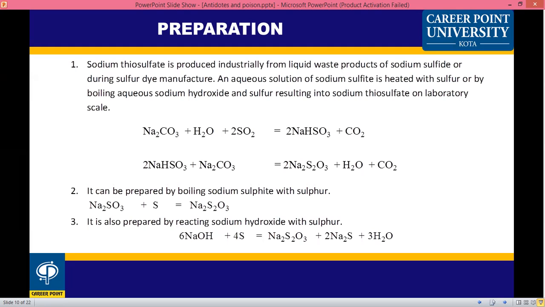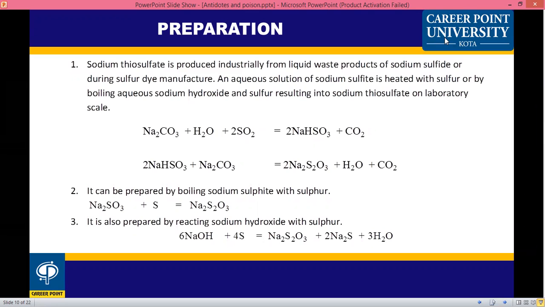There are different processes for preparation of sodium thiosulfate. On an industrial scale, sodium thiosulfate is prepared from the liquid by-product of sodium sulfide, or from sulfur dye manufacturing.